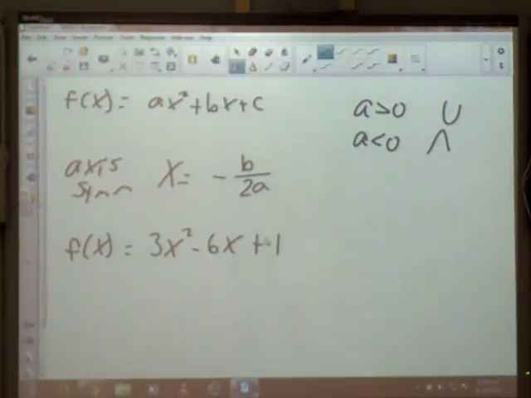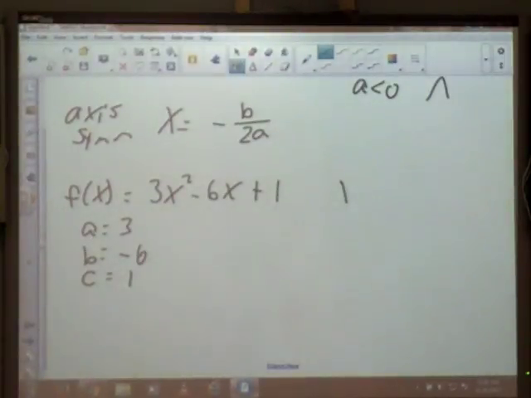So tell me, let's label all of them. What's our a in this function? 3. Our b? That's -6. Good, y'all were right the first time. And then your 1 is the c. So if I'm trying to find the axis of symmetry, I'm going to say x equals.